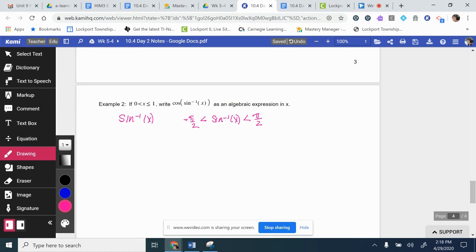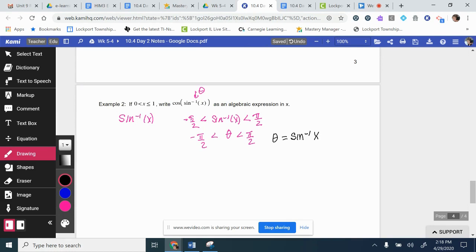And so this means my angle, we usually just call this theta, has to also be bounded by those values. And now I can write that theta is equal to the arcsine of x.